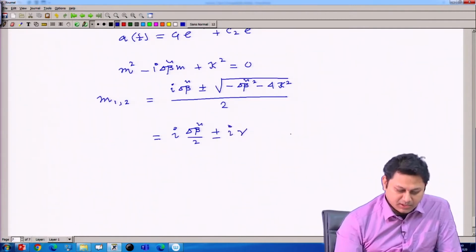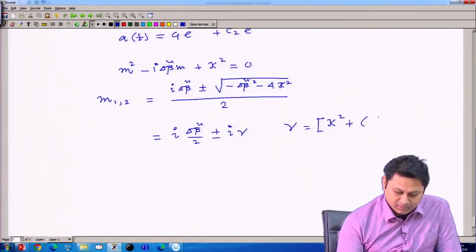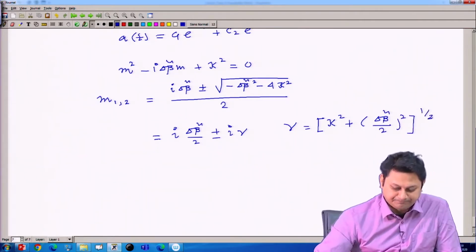So it should come out as, where gamma I can write as kappa square plus delta beta tilde divided by 2 squared, and whole to the power half. So this is my gamma.